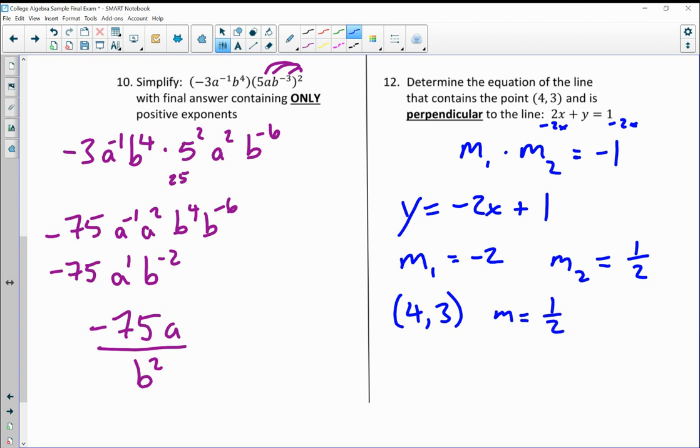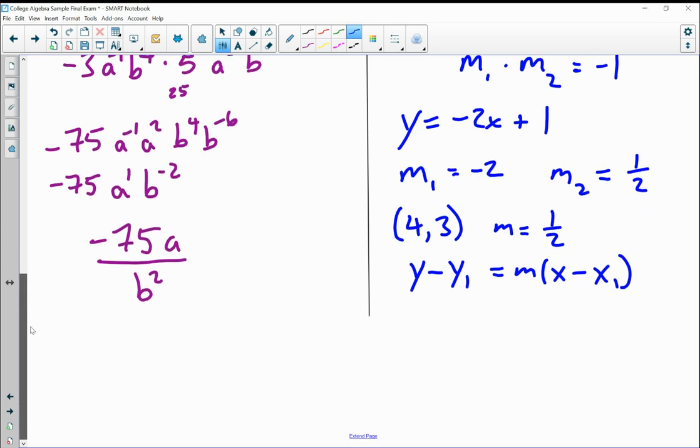So let's go ahead and plug this into our point slope form. Y minus y1 equals m times x minus x1. So let's plug in. We know that this will be x1, y1, and this is our m.